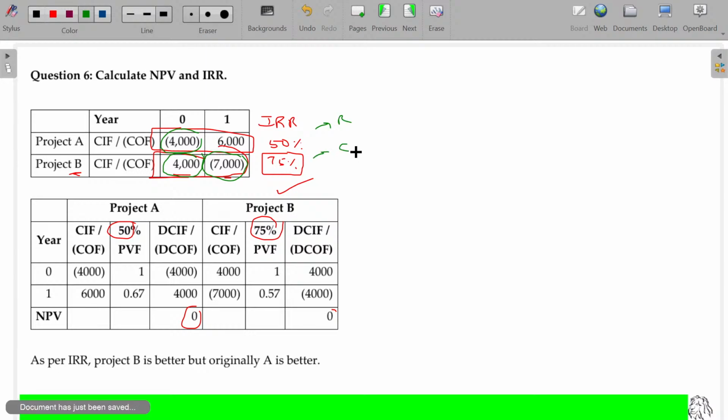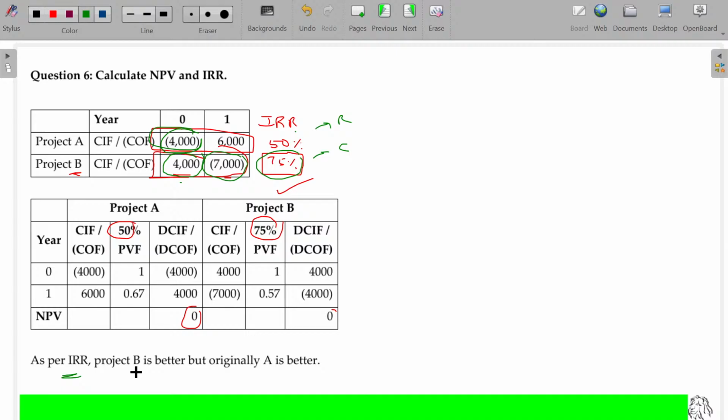But IRR says, if the IRR is higher, you choose that. As per the blunt IRR answer, you choose B. But in a real sense, you get 4,000 rupees, for that you have to pay 7,000 later, means cost like. Here you spend 4,000 rupees, later on for that you are getting 6,000, means revenue like. Definitely A is superior than B. Anyhow you will get misjudged because of the IRR selection criteria.